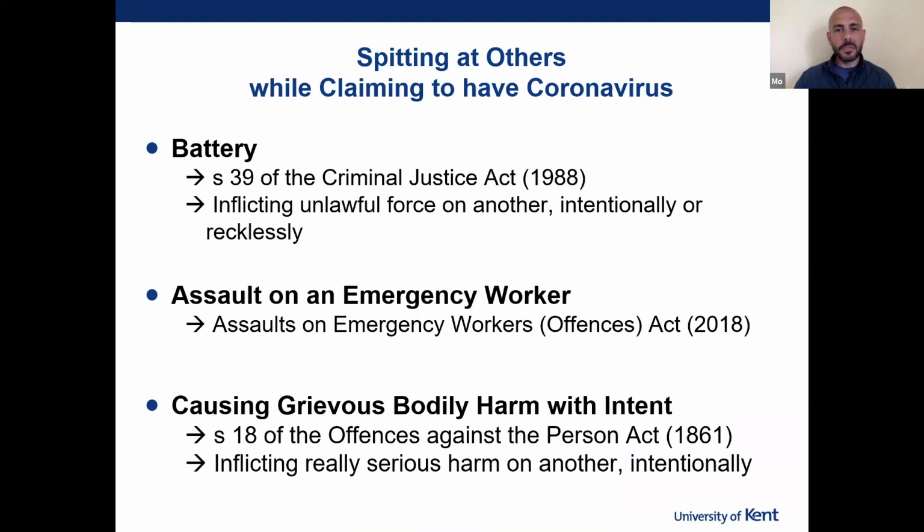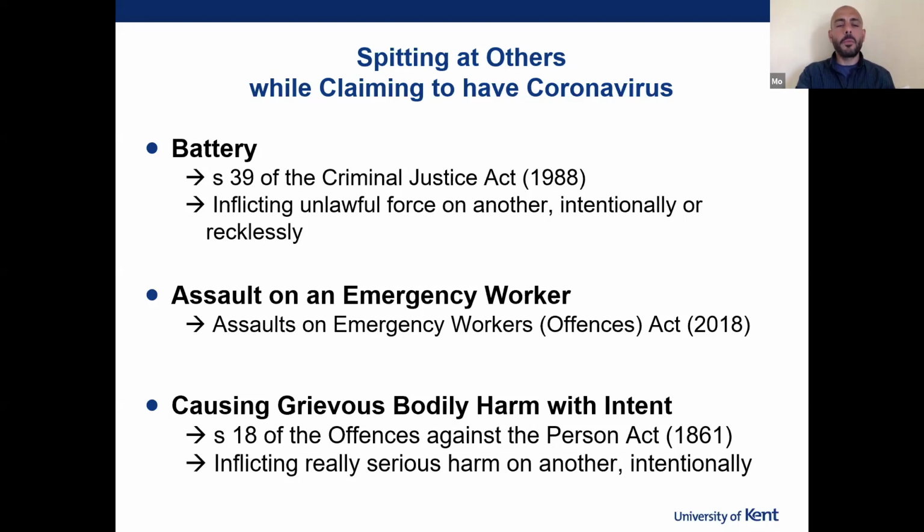In very simple terms, battery, as you can see on the screen, is when somebody inflicts unlawful force on another person, either intentionally or recklessly. Now, for battery, obviously, you need to have some use of force, and certainly you need some contact. This is one of the potential offences that the Crown Prosecution Service has been considering in relation to charging those offenders.